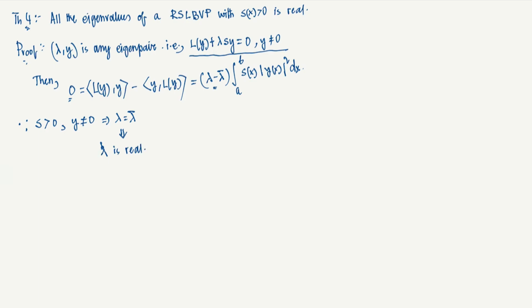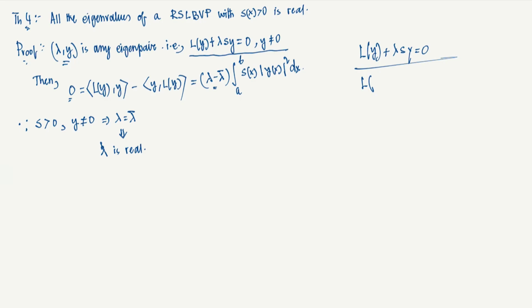If it is not clear, let me explain again what we are doing. Let's say that we start with an eigenpair lambda, y. If it is an eigenpair, this thing is true: L of y plus lambda S y equals 0.